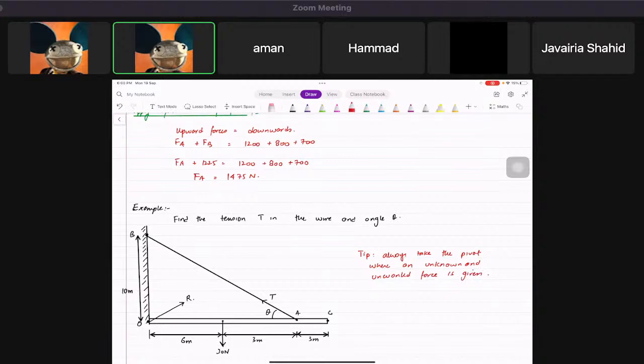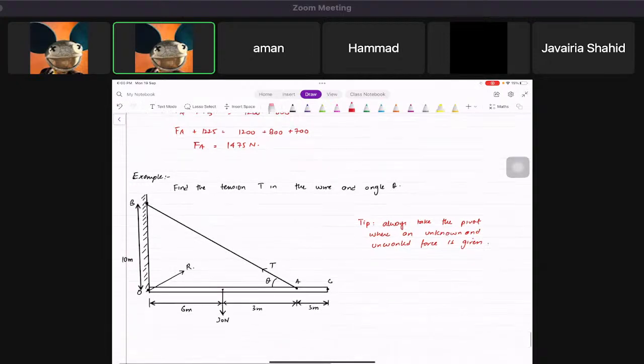So what we can do is we can take O as a pivot so that it does not have a perpendicular distance, and if it does not have a perpendicular distance, that would mean that we do not have to worry about it at all, right?